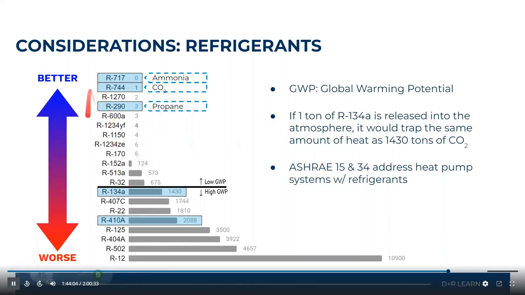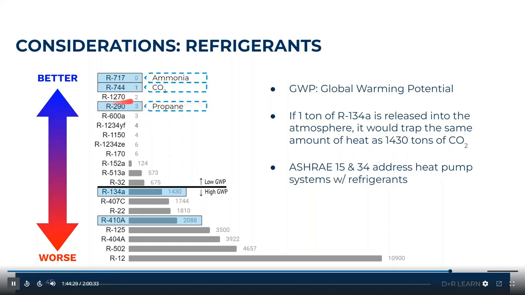But this list here shows some more commonly used refrigerants that are deemed better for the environment. And I will say that ammonia, CO2, and propane are now some of the more popular refrigerants because they do have a lower GWP, and some of them are being used today in the United States. Ammonia and CO2 for sure.